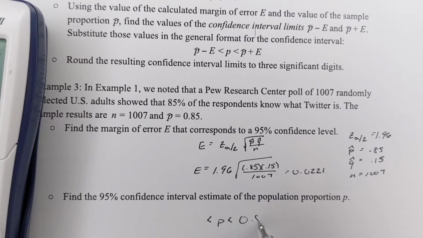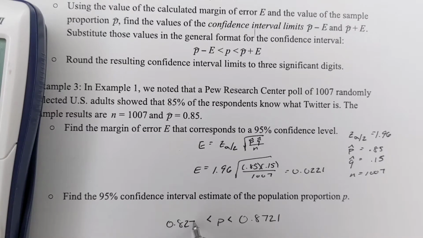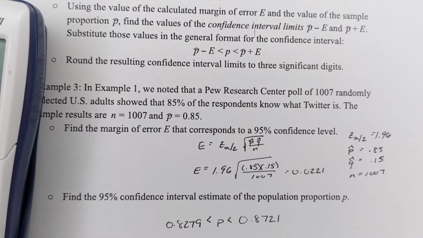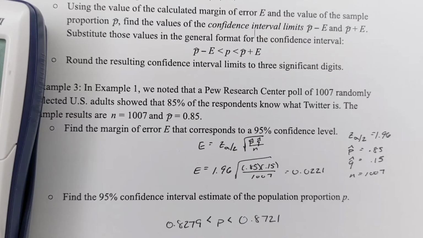That's 0.8721. And p hat minus 0.0221 is 0.8279. So based on the results, can we safely conclude that more than 75% of adults know what Twitter is?